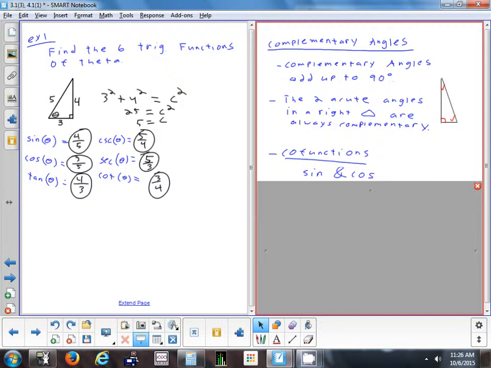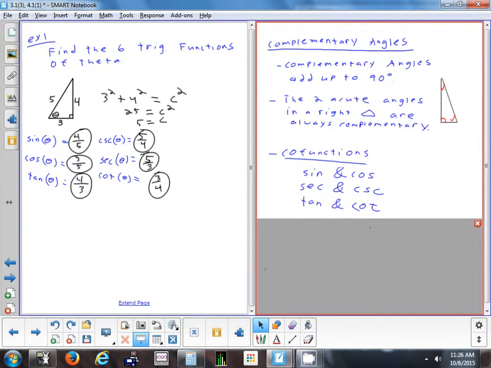Sine, cosine. Secant, cosecant. And the last one just happens to be the same: tangent, cotangent. These are your three pairs of cofunctions: sine with cosine, secant with cosecant, tangent with cotangent.